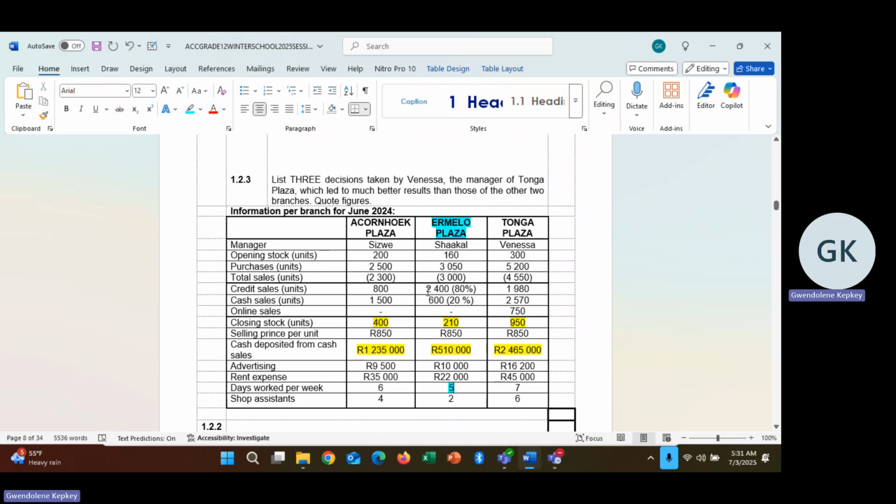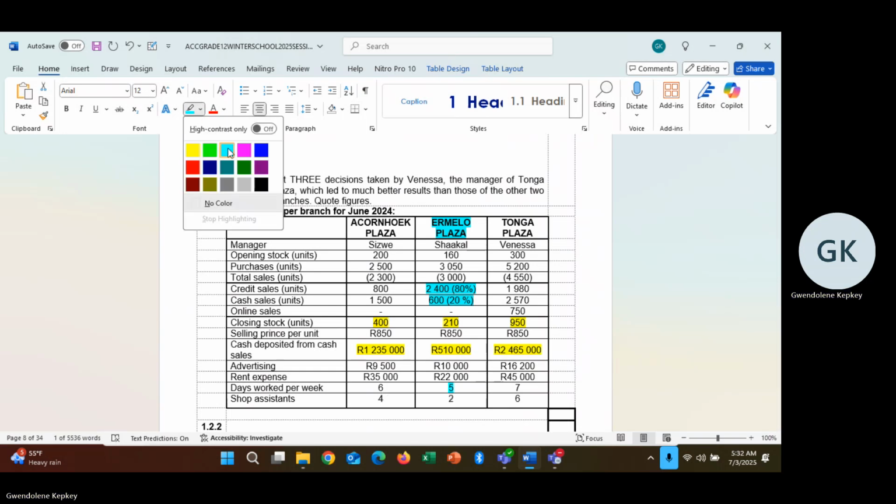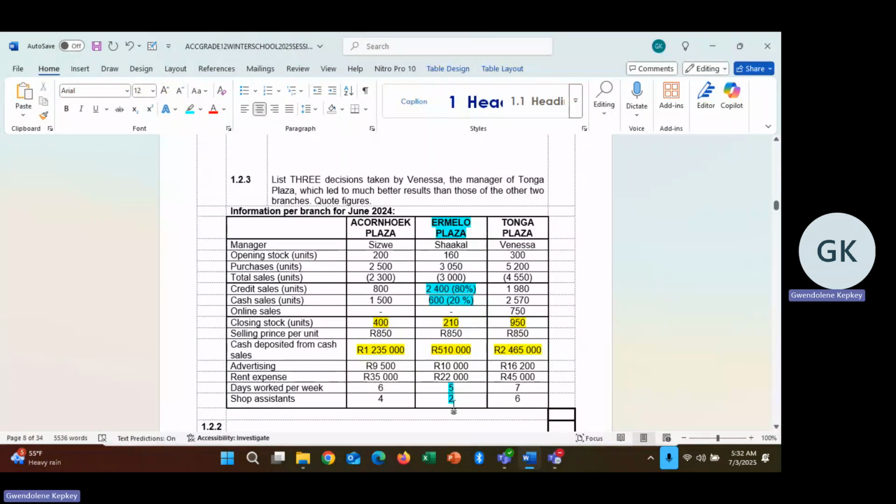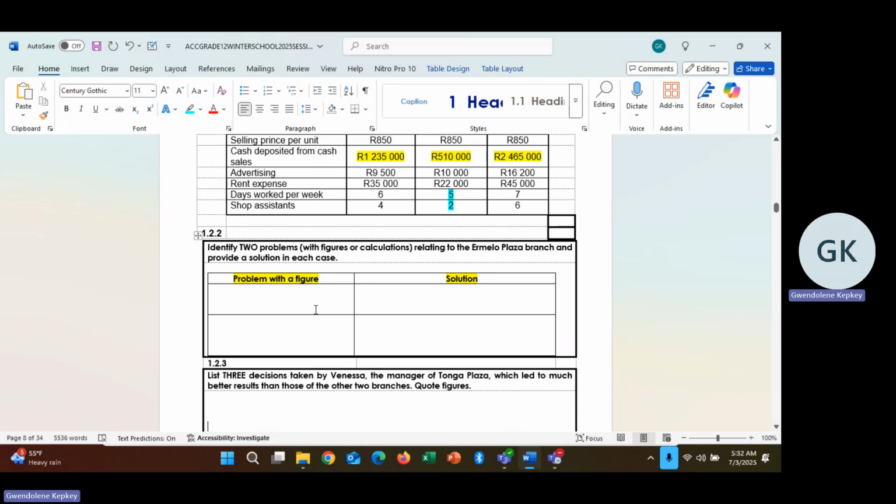Then the other point, so let's highlight what we're going to mention now in answering that question. The other important point is they only have, you could say they're short-staffed. That is what you could actually indicate in that case. How many days they're working, as well as how many assistants. So all of that information we're going to use, and we're going to answer the question over here.